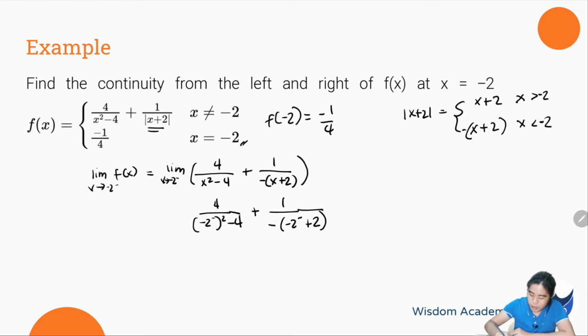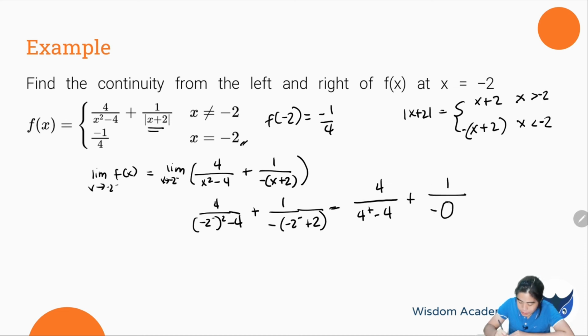So this will result to negative 2 squared, which is 4, plus 4 over negative 0 minus, plus 1 over negative 0 minus. So this will be equal to 4 over 0 plus, plus 1 over 0 plus.